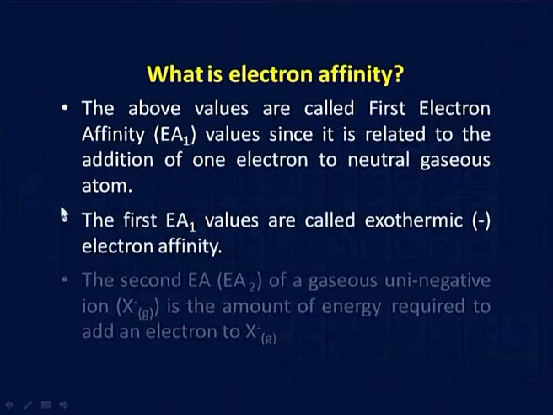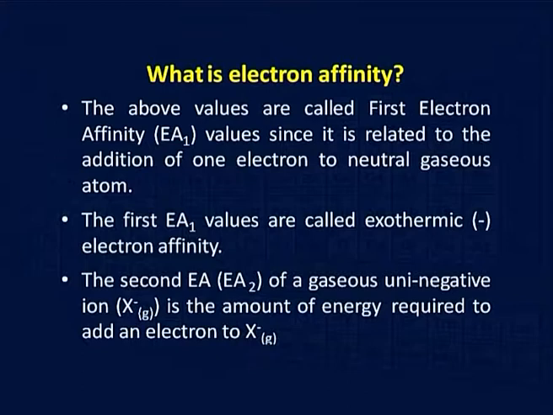Now, when we try to add another electron to this uninegative ion, we find that instead of energy being released, we have to supply energy to the anion. Therefore, the second electron affinity, or EA2, of the gaseous uninegative ion is the amount of energy required to add an electron to a uninegative gaseous ion.